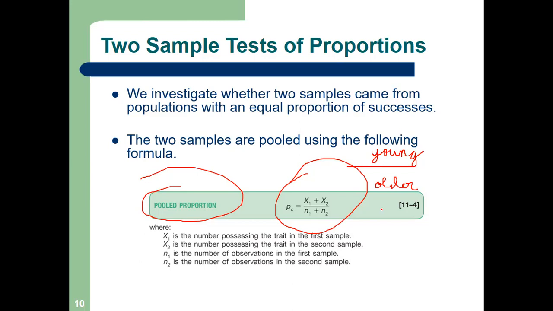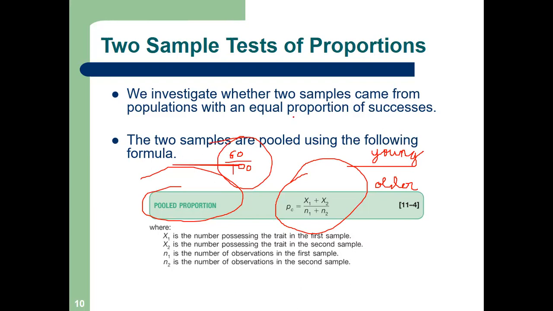Now try to understand. Just a rough figure: out of 100 younger females, 60 like the fragrance. This becomes my proportion.